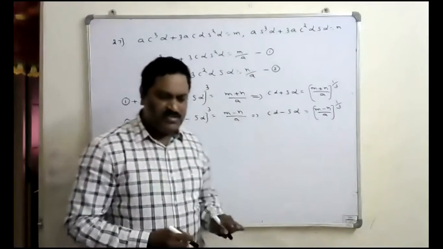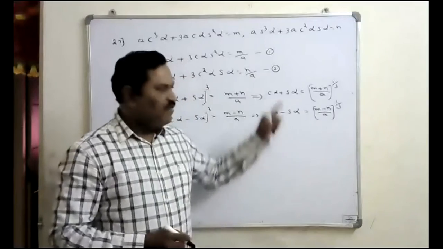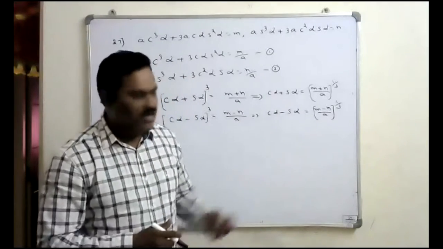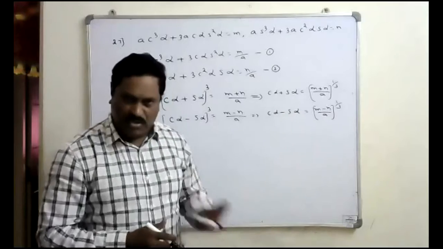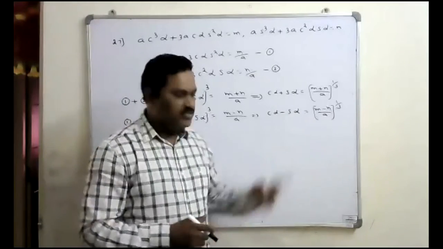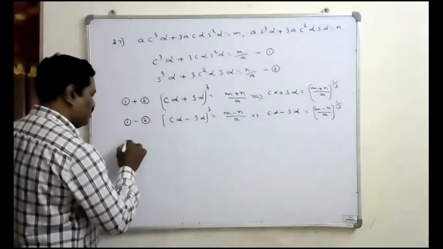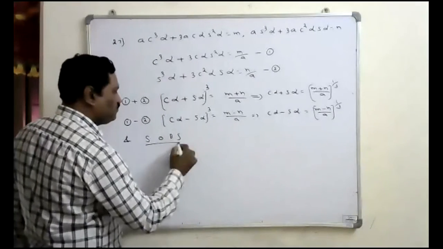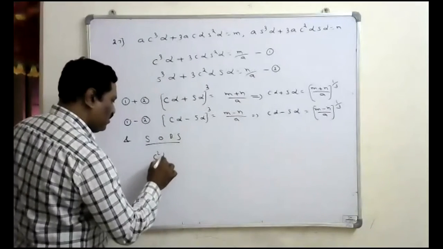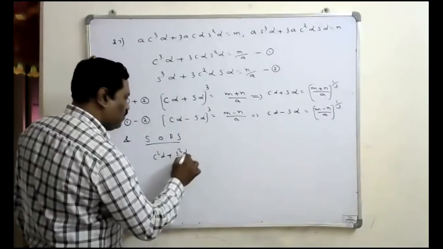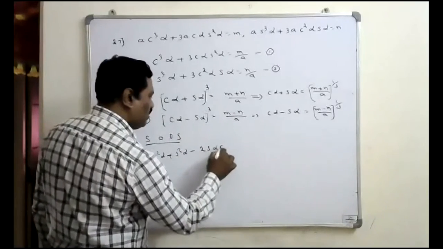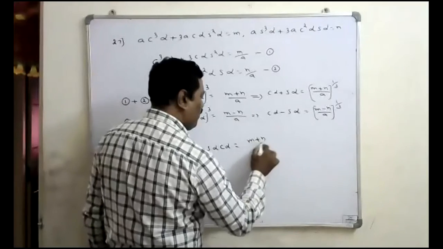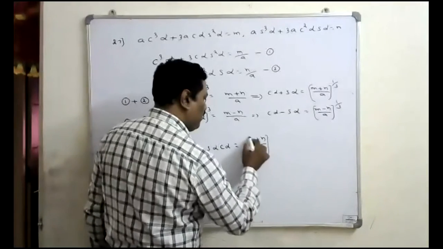Now, when the equations are in terms of cos and sin, if I want to eliminate the angle from them, we have already seen the procedure: we square both the equations on both sides, then add them. Squaring, that is cos square alpha plus sin square alpha minus 2 sin alpha cos alpha is equal to m plus n by a whole power 2 by 3.